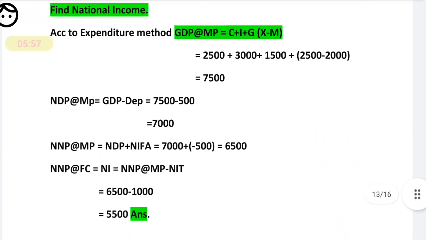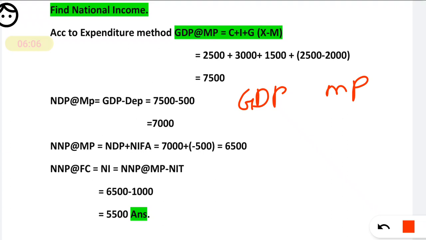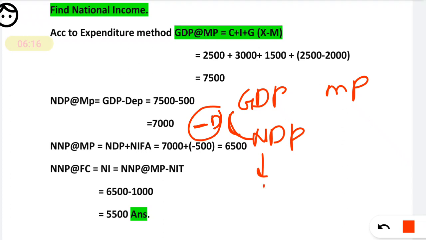Okay, so I repeat how you can move. We have GDP at market price. From GDP you can calculate NDP, by moving from gross to net by subtracting depreciation, right? From NDP you can move to NNP. How?